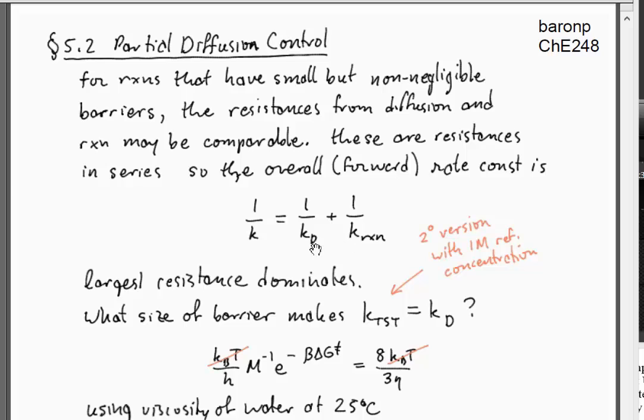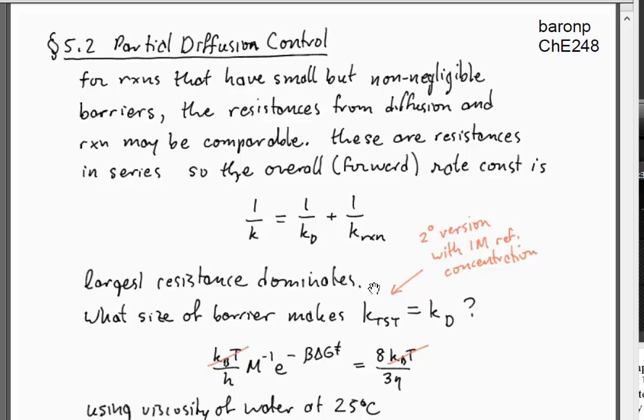And so these two resistances just add like resistances in series to give you the overall rate constant for the reaction. We take 1 over k is equal to 1 over the diffusion controlled rate plus 1 over the reaction barrier controlled rate. So this, for example, might be a transition state theory rate constant. And obviously in this expression, whichever resistance is the largest is going to dominate, and that's the one that's going to end up becoming the rate constant.